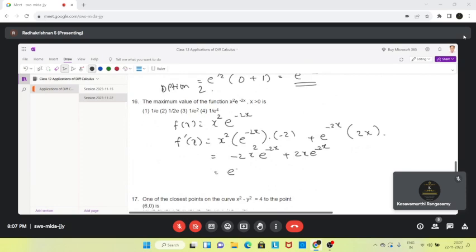So you can take out e power minus 2x, 2x minus 2x square. We can take out another 2x: 2x e power minus 2x into (1 minus x).